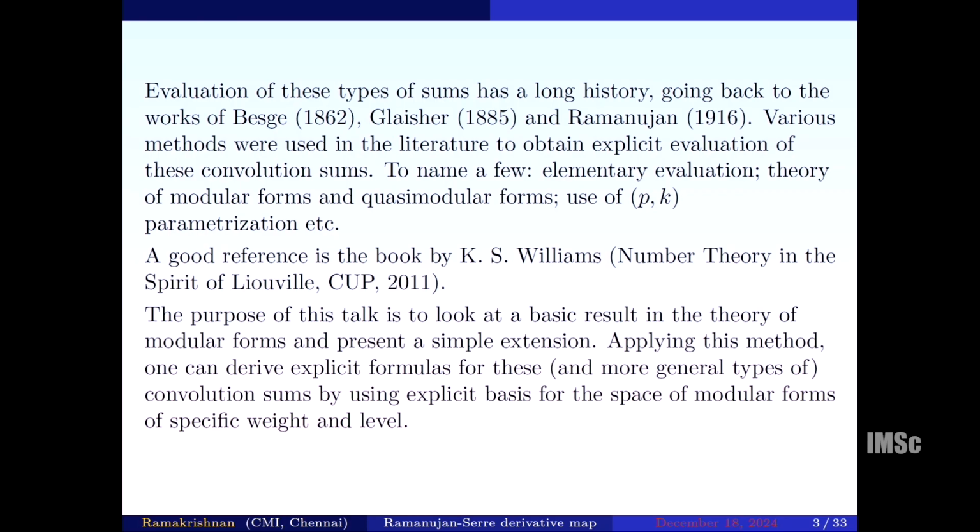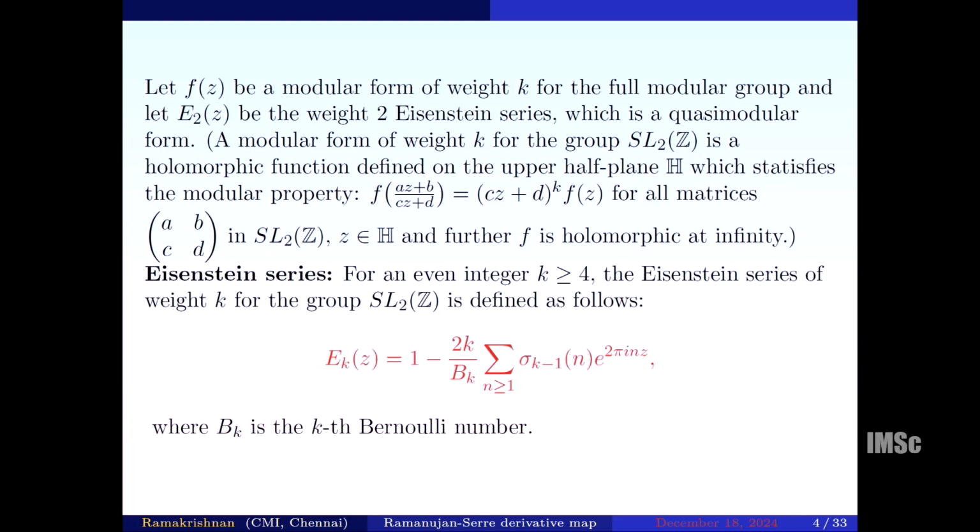The purpose of my lecture is to look at a basic result in the theory of modular forms and present a simple extension, and as a consequence we get all these kinds of sums. Applying this method one can derive explicit formulas for these and more general types of convolution sums by using explicit bases for the space of modular forms of specific weight and level.